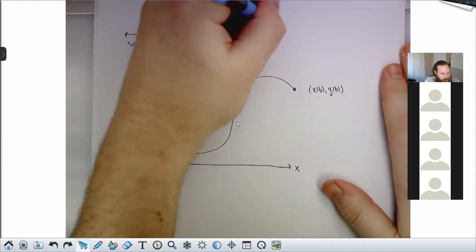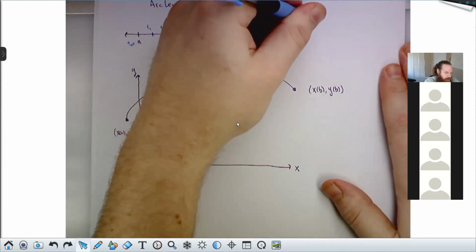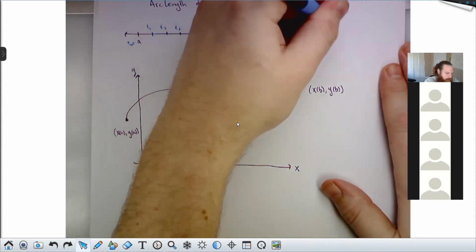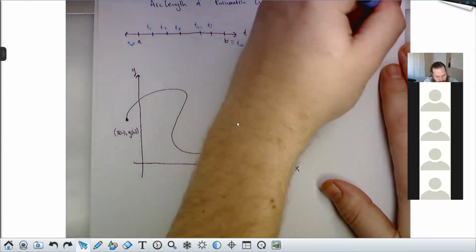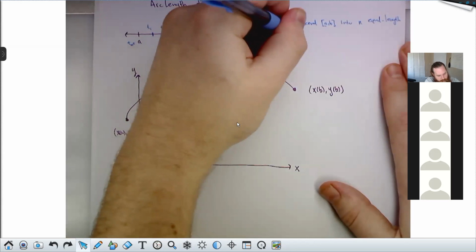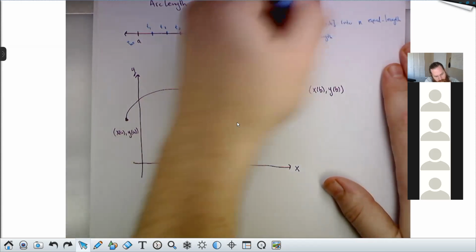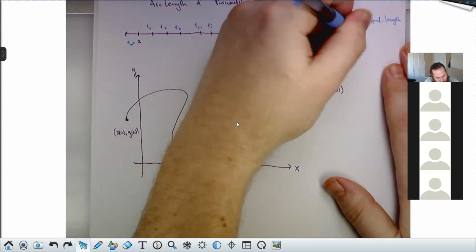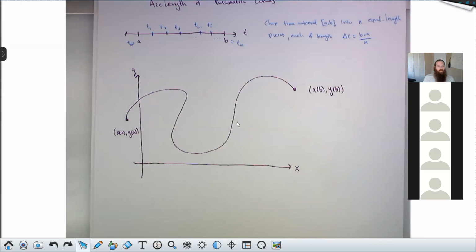So we chop the time interval AB into n equal length pieces, each of length, call it delta t, and that's b minus a over n. And then associated with each of these t values, t1, t2, t3, is a point.